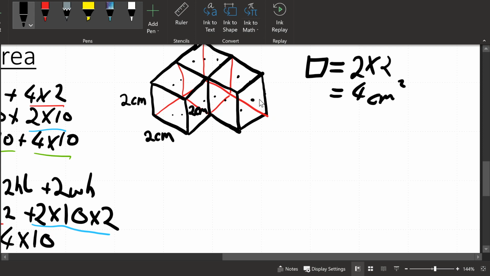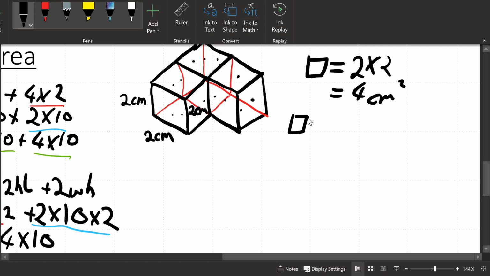So there's 14 faces on this. So instead of us doing what would be 3 times 6, which would be 18 faces, we've got 4 less faces here.